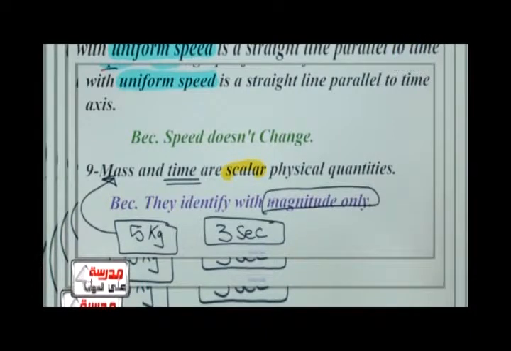As we see here, dear students, زي ما شفنا في ال questions اللي قدامنا هنا, we have to identify the answer from inside the question. يعني احنا عرفناها من جوه السؤال as uniform speed, as uniform acceleration, or as scalar physical quantities, the function of speedometer, and so on.